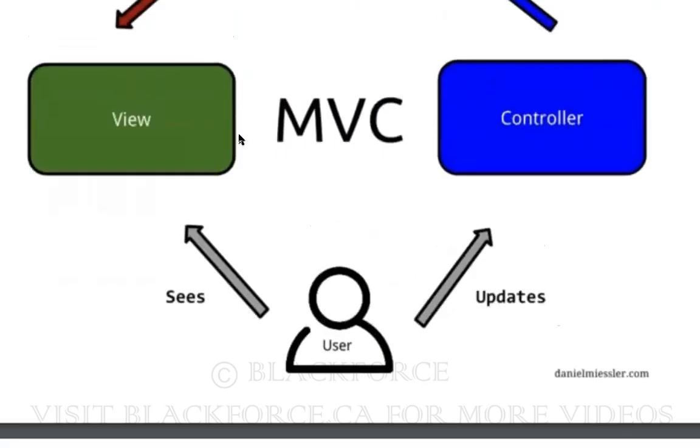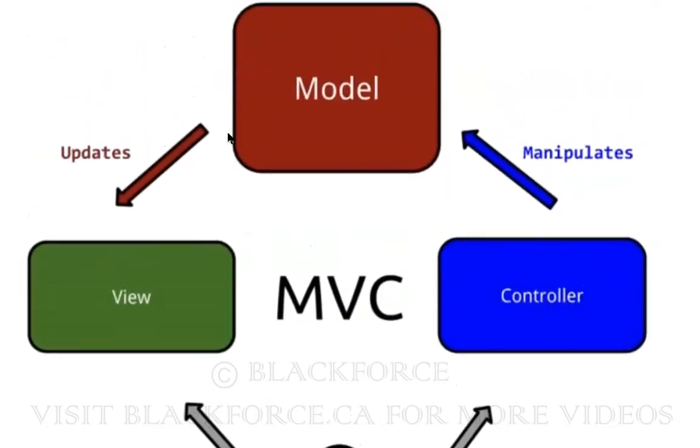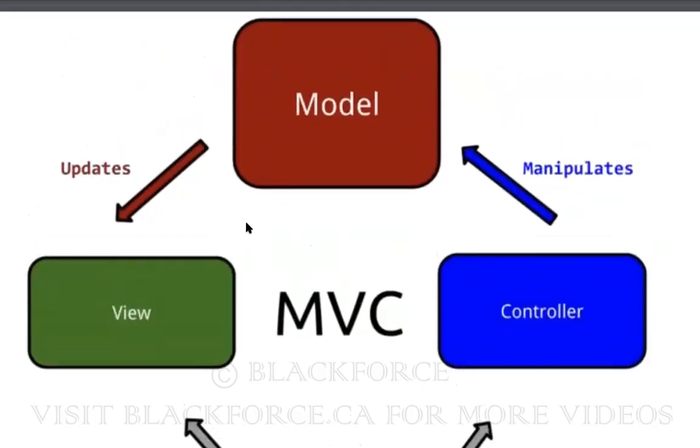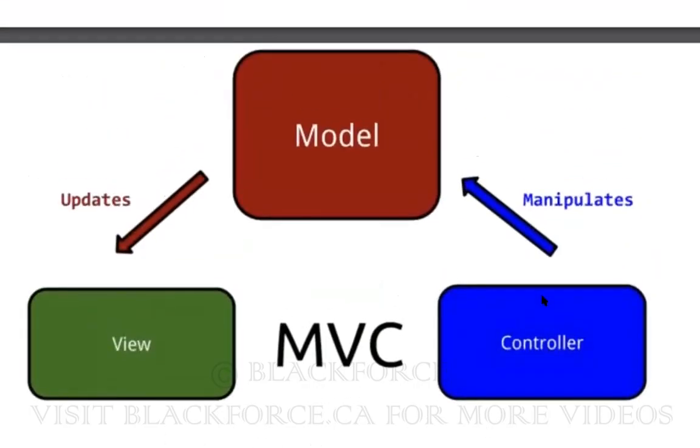Okay, so it's just the way maybe the author of the diagram created it. But if you remember our definition, the user sends a request to controller. In most cases, controller needs to get data from, let's say, model. If it doesn't need to get data from model, fine.